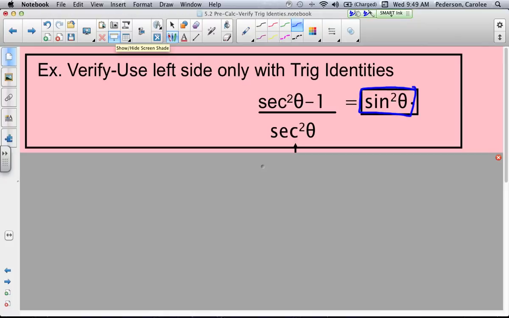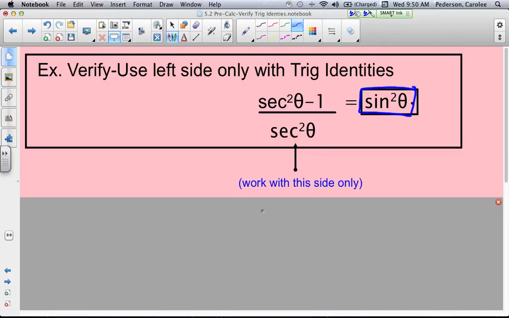And then I continue manipulating that left-hand side, so when I'm all done, I will get this blue box of sine squared of theta. So I'm going to replace with identities, replace with identities, replace with identities, until I'm finally done, and I get sine squared of theta to prove that these two sides of the equation are truly equal. They are identities. So we're going to start with this side.